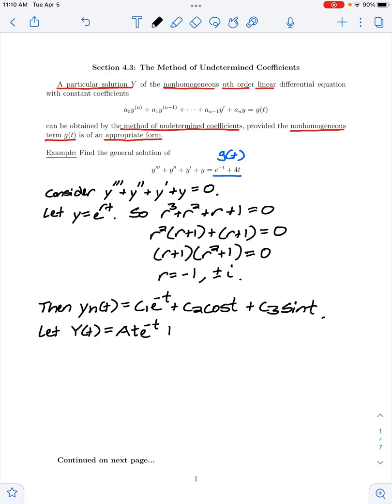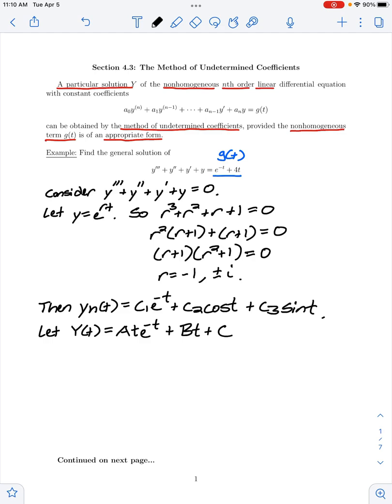And then the last part of our g of t function was a first degree polynomial. So we could consider some general first degree or linear polynomial, something of the form bt plus c. And now none of these terms are already part of the homogeneous solution, so this will be the correct form.